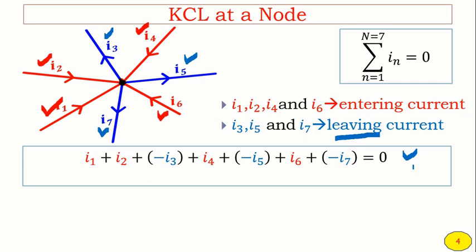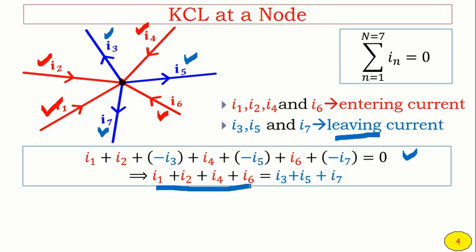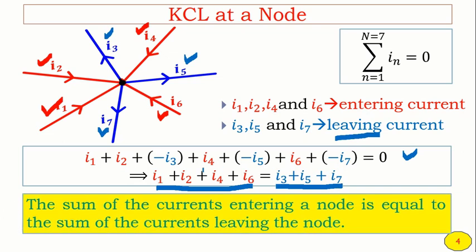Rearranging the currents in this equation, we get I1, I2, I4 and I6, which is the sum of the entering current, equal to I3, I5 and I7, that is sum of the leaving current. Hence, the alternative form of KCL is the sum of entering current at a node is equal to the sum of the current leaving that node.